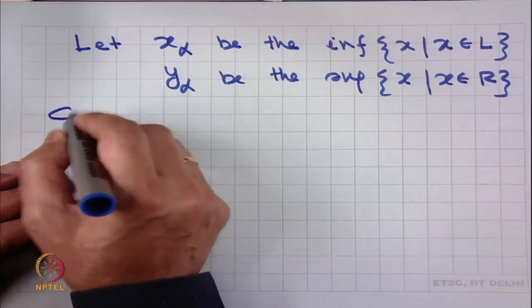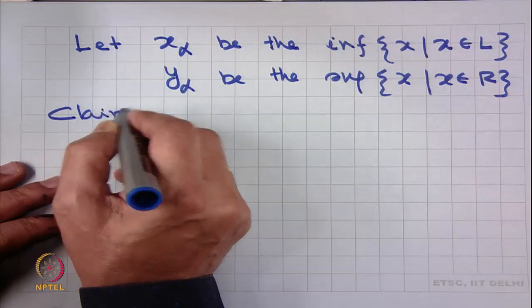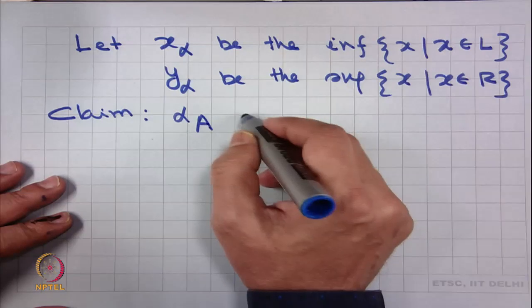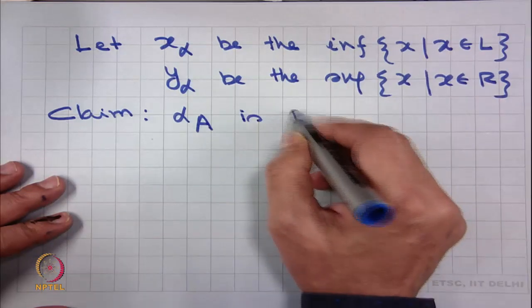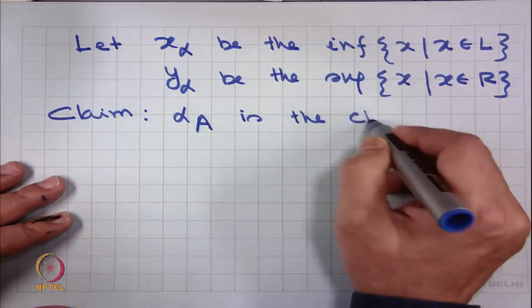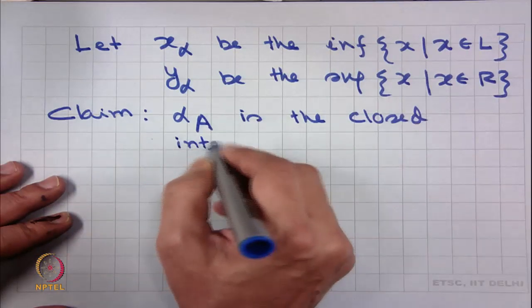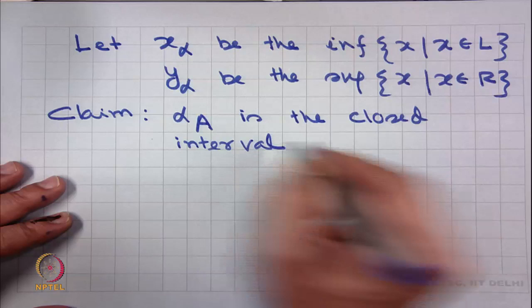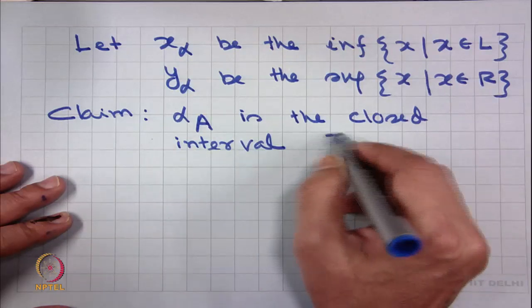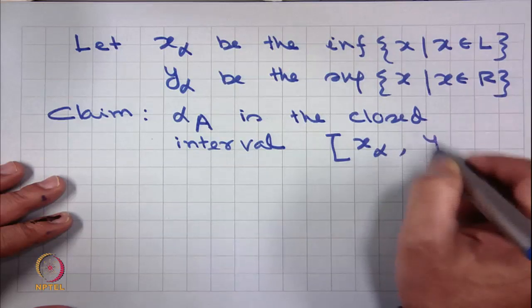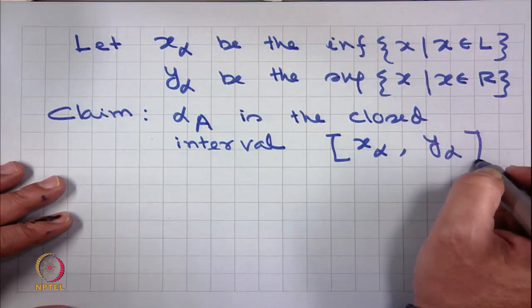Claim: alpha cut of A is the closed interval x alpha to y alpha.